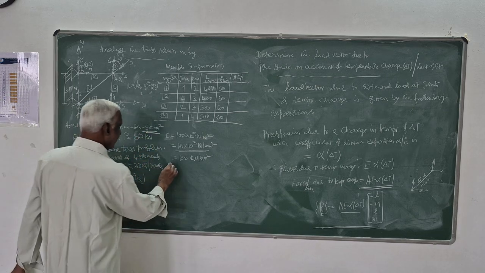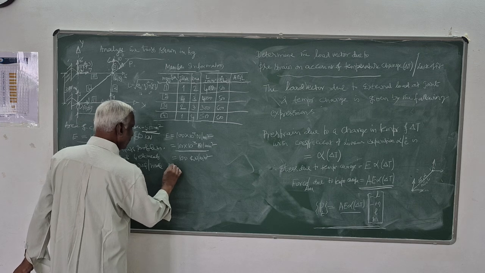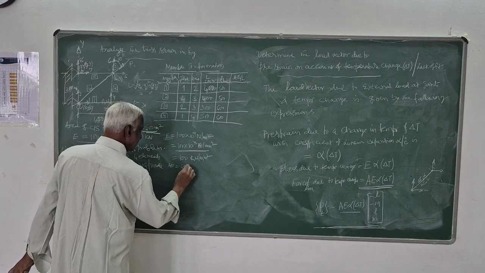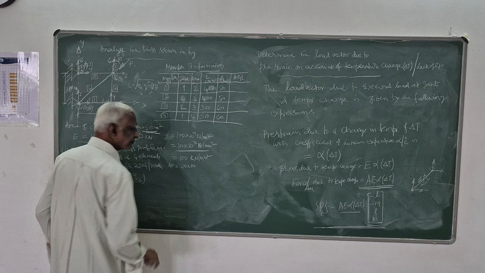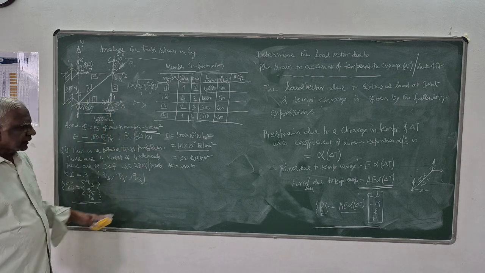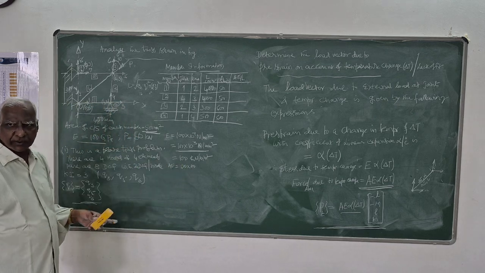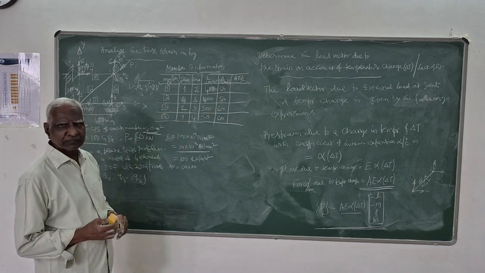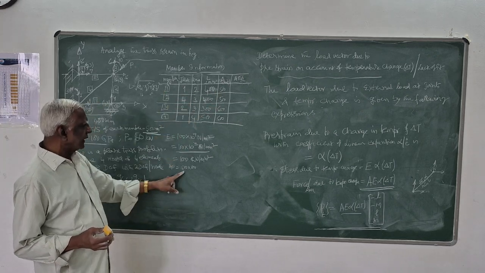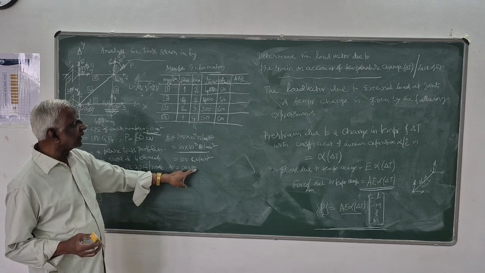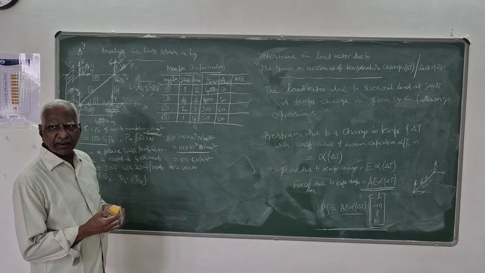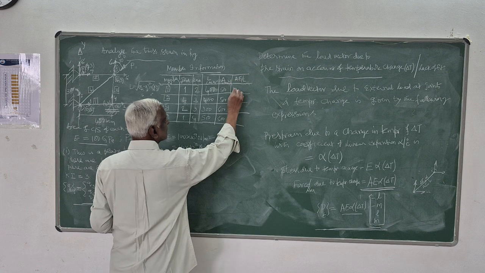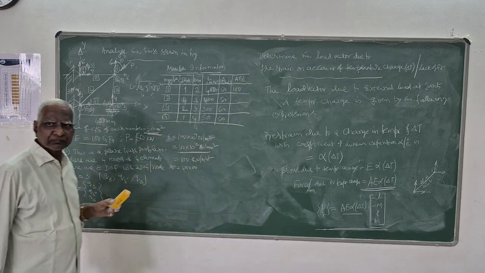So AE is equal to 500 into 100, that is 5 into 10 to the power of 4, divided by length. So for member 1, AE by L is 500 into 100 divided by 500, that is 100.